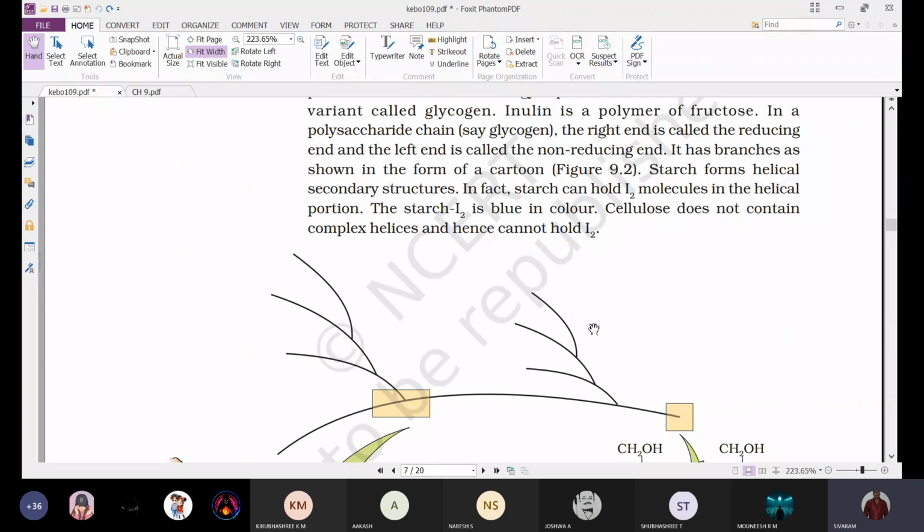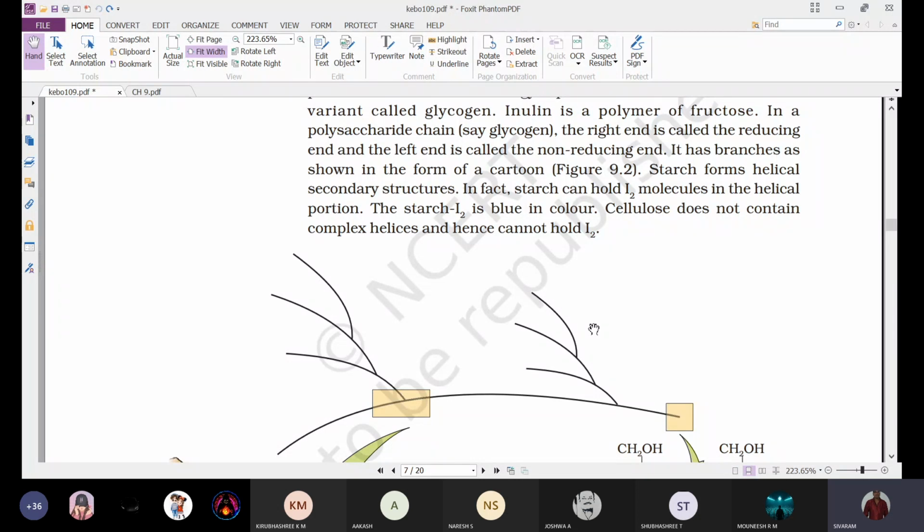But glycogen is made up of 200 to 300 glucose molecules. Because of the small chain, it will form fewer helices, so it cannot hold many iodine molecules.